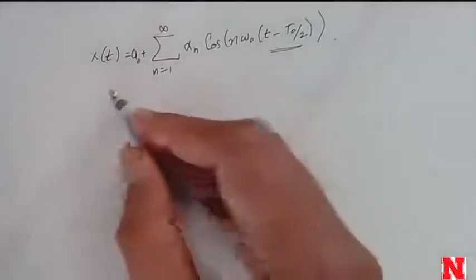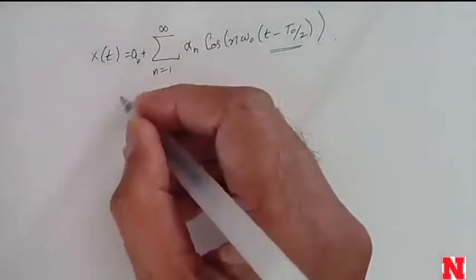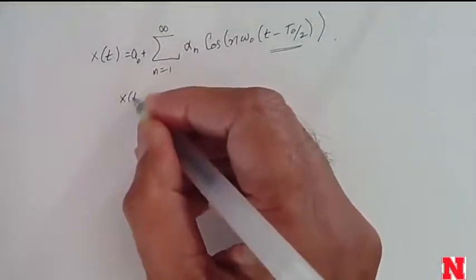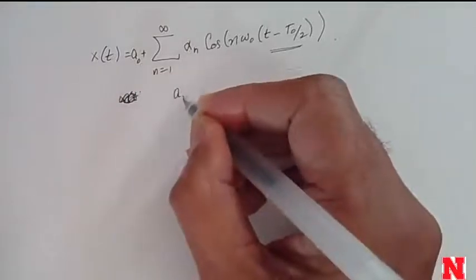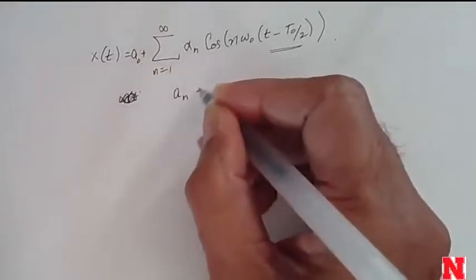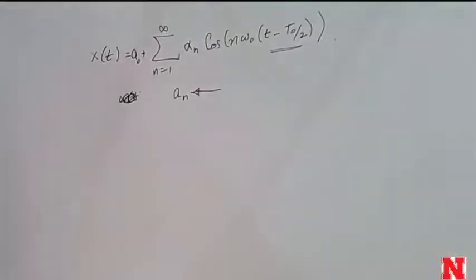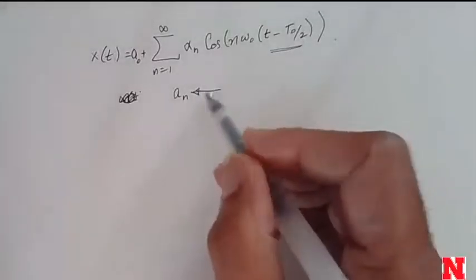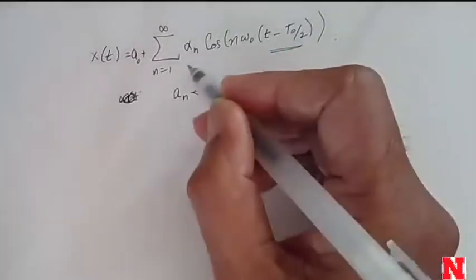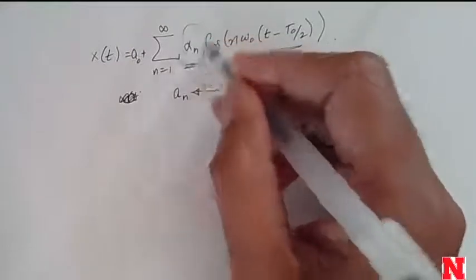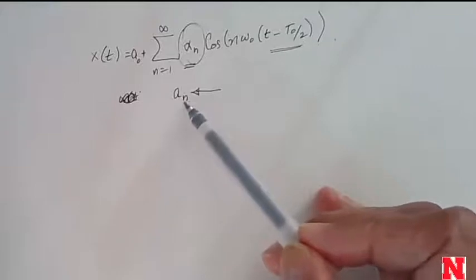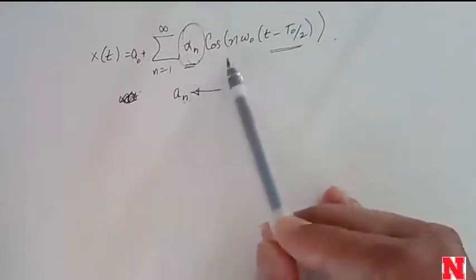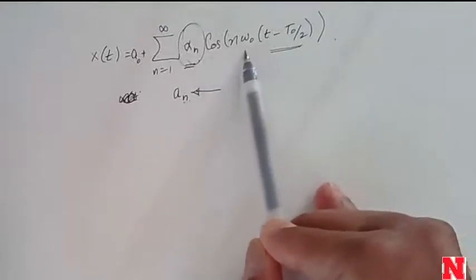What did we do today? We showed that these coefficients, a sub n, are really the frequency components of a signal. So when we talk about the a1 component, that corresponds to the frequency component at omega naught.